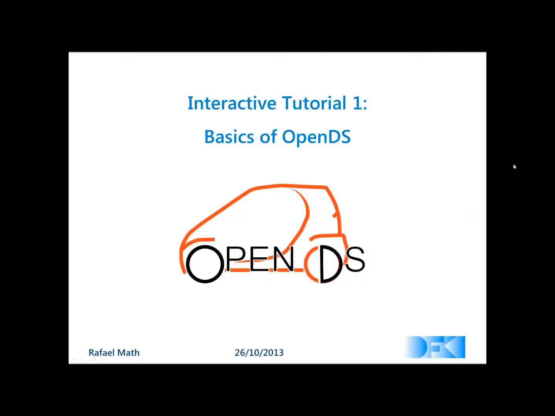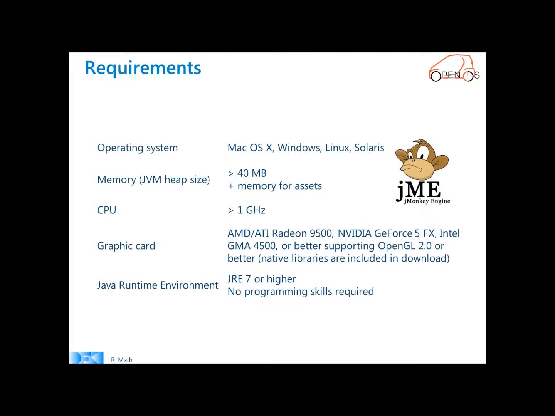You should have at least 40 megabytes of memory for the jMonkeyEngine, plus the memory for the assets. So this will be a lot more for the larger models, as they might have a file size of, let's say, 400 megabytes or even more.